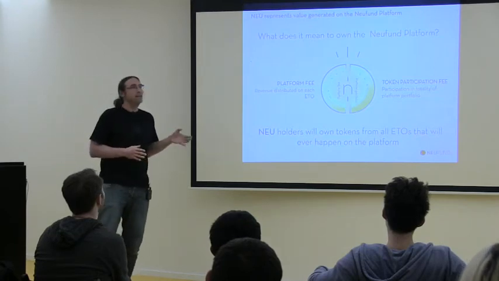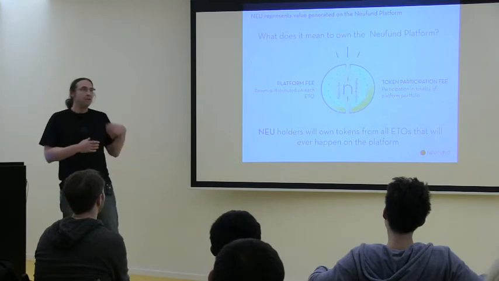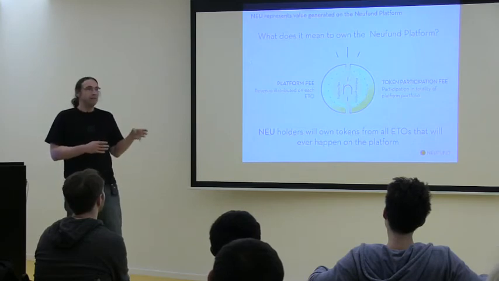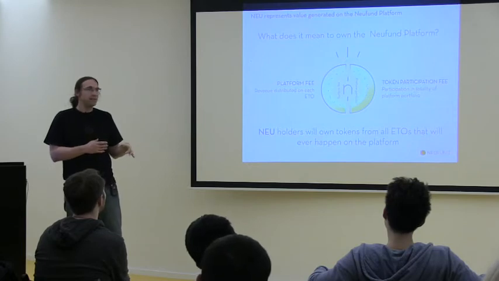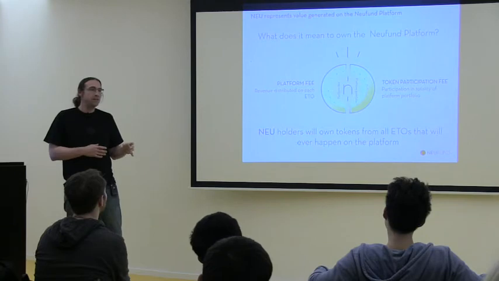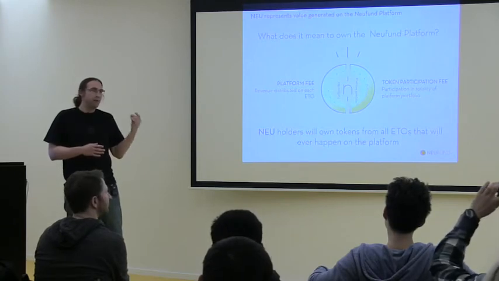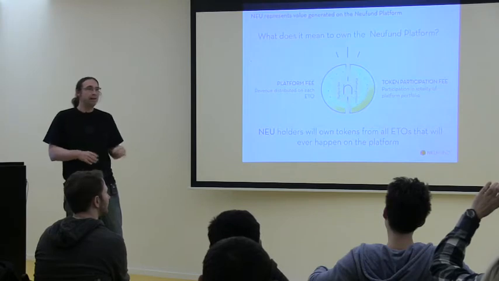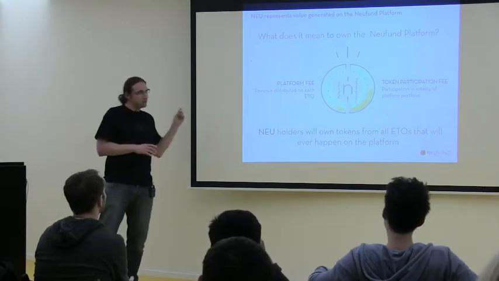And so this token has a very specific value. This value is a share of the economic output of this ecosystem. Whenever a successful fundraising is completed, a small part of this amount, a fee, is shared back to all the token holders of this platform. That is one component.